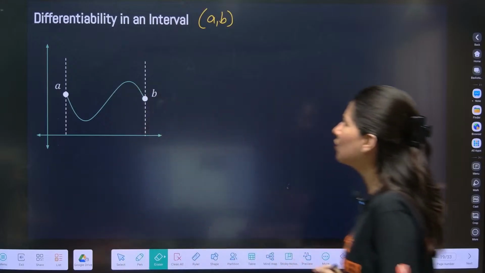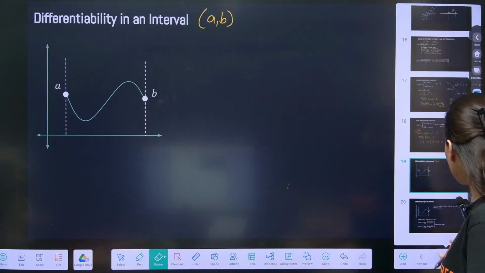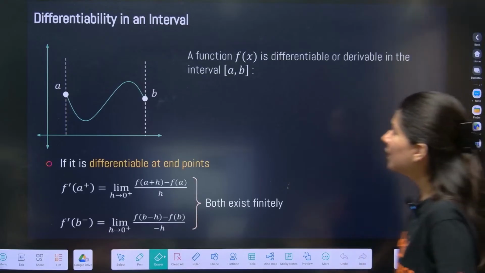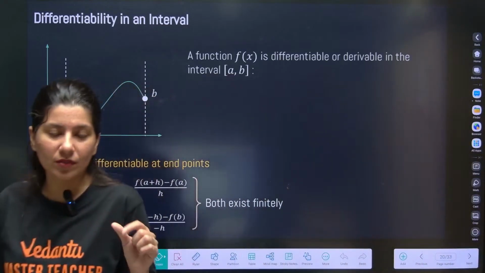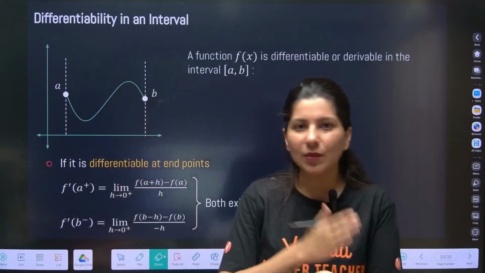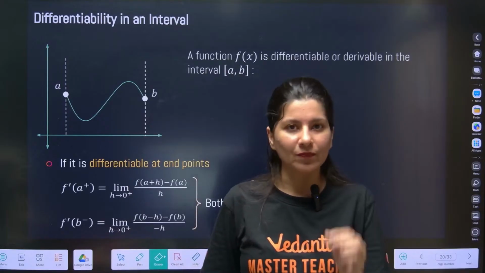That's it. There is no theory related to that. But if you are talking about the open interval, that means between a and b, at every point it should be differentiable.